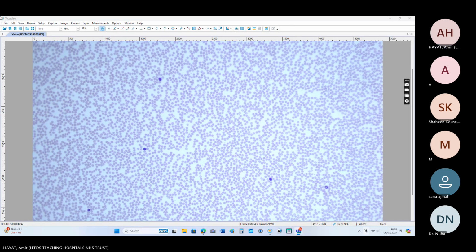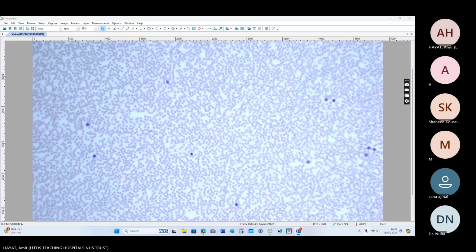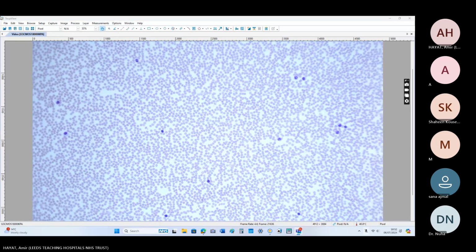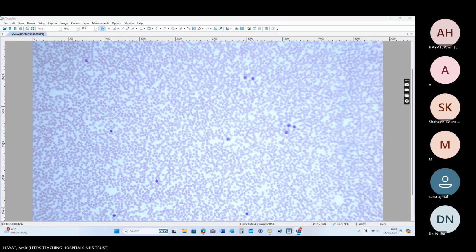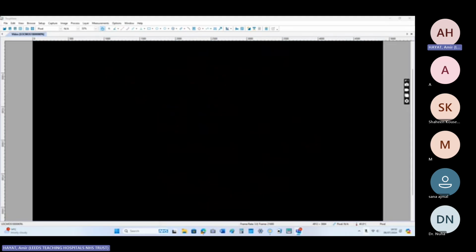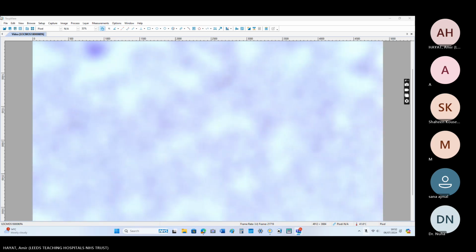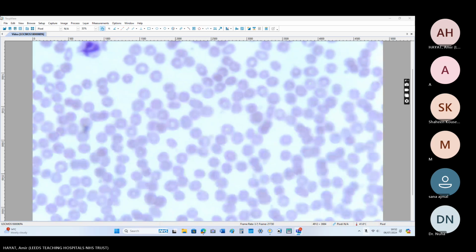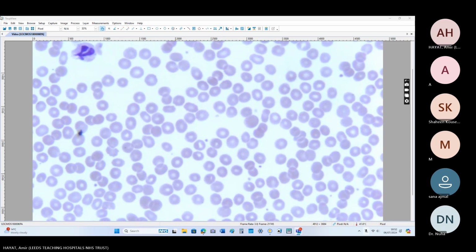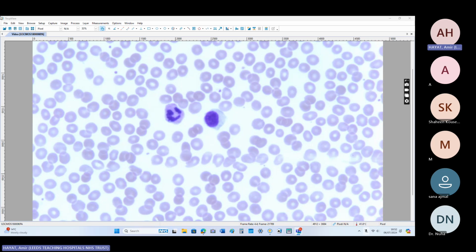This is power 10. Go to power 50. So this is the first cell.